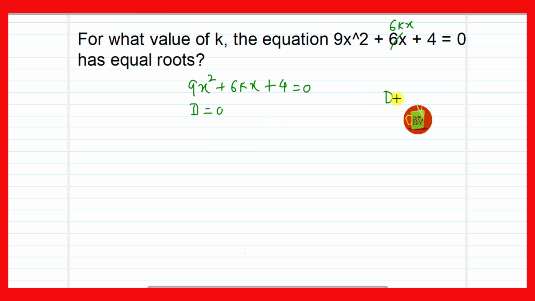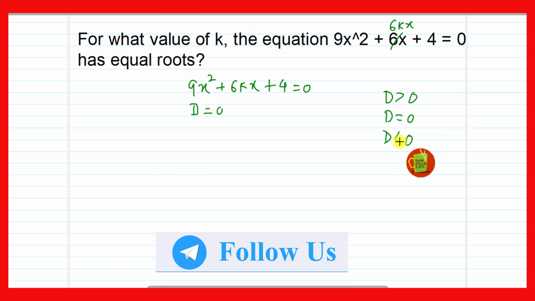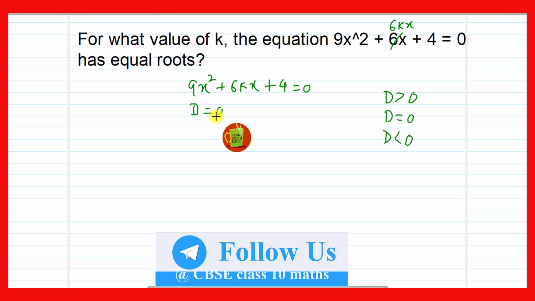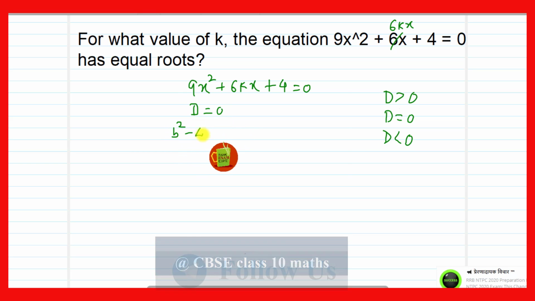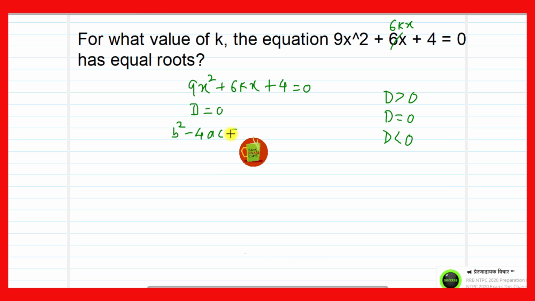We know that if D is greater than 0, there will be distinct roots, it means different roots. If D is equal to 0, then the equation will have equal roots, and if D is less than 0, then the equation will have no roots. So here D is equal to 0, and D is B square minus 4AC, which is equal to 0.